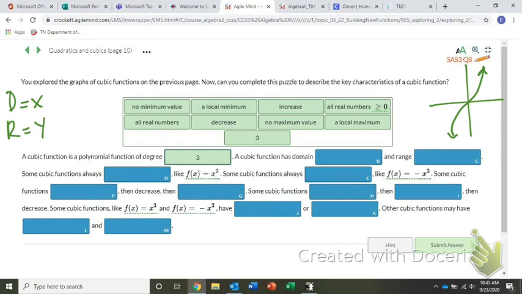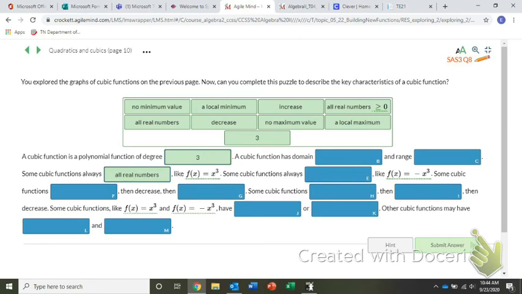So on the left side of my graph, I'm increasing. On the right side of my graph, I'm increasing. So, if it's all increasing, down here is negative infinity to positive infinity. That can be used as all real numbers.